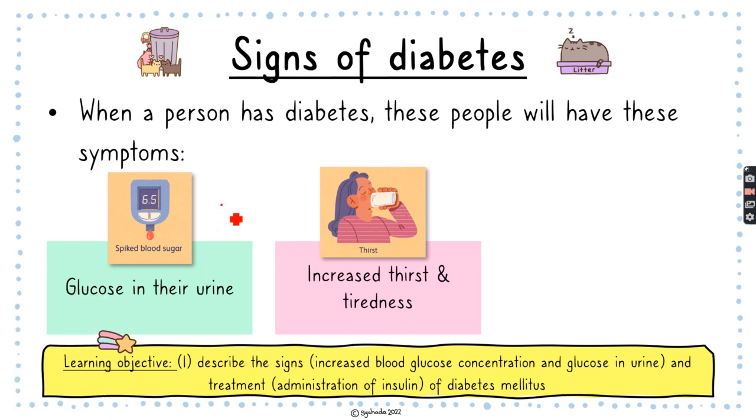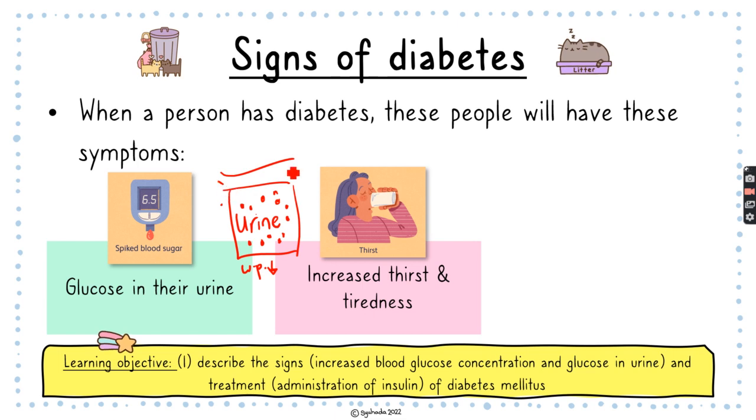Okay, so in this case, if your urine contains a lot of glucose molecules, then the concentration or the water potential would decrease because there is a lot of glucose.